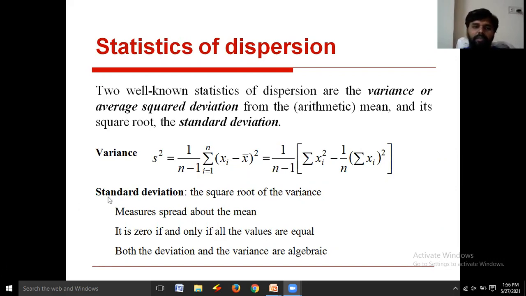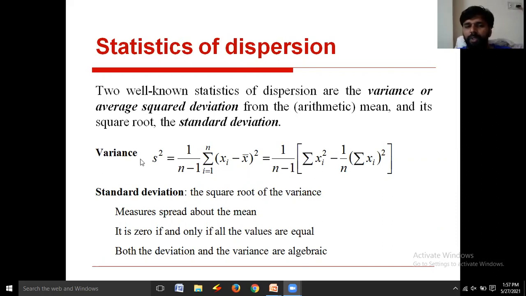See here, standard deviation is calculated by using variance. Why? Because the square root of variance is called standard deviation. If you want to calculate standard deviation, you must calculate the variance. Then we need to find the square root of the variance.